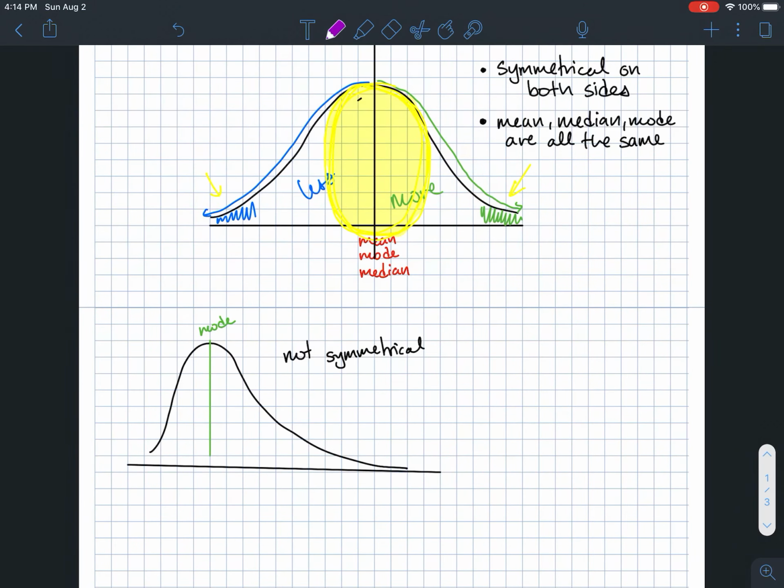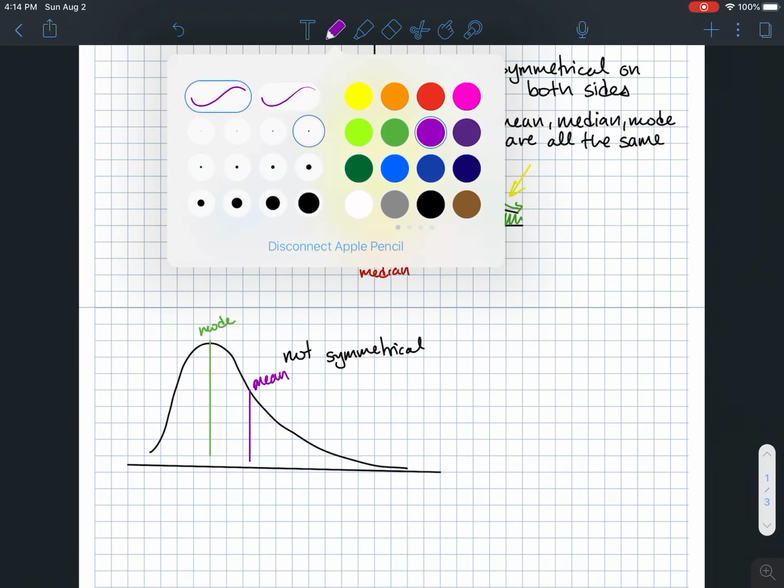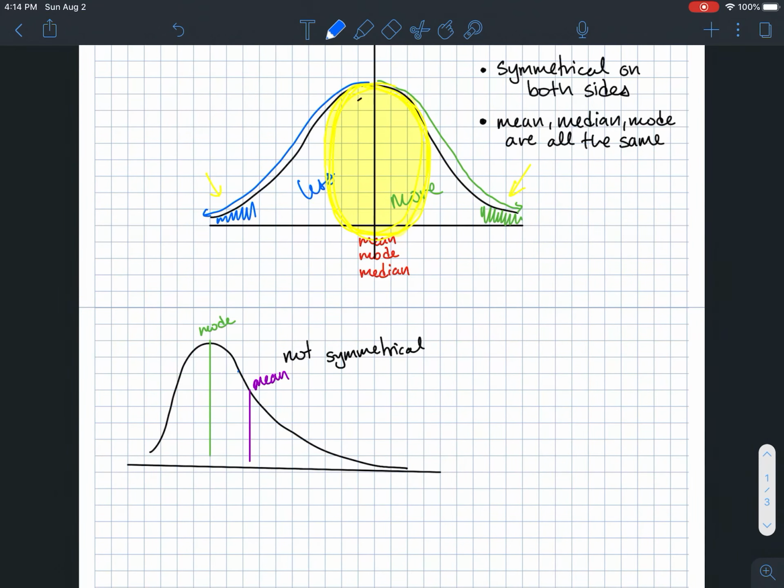The average is probably somewhere over here, because all that data is pulling it there. So that's our mean. And the median, the most medium point here, is probably going to be somewhere right along here, because that's right in the middle of the data. So you can see this one's not symmetrical. It doesn't have the same mean, median, or mode.